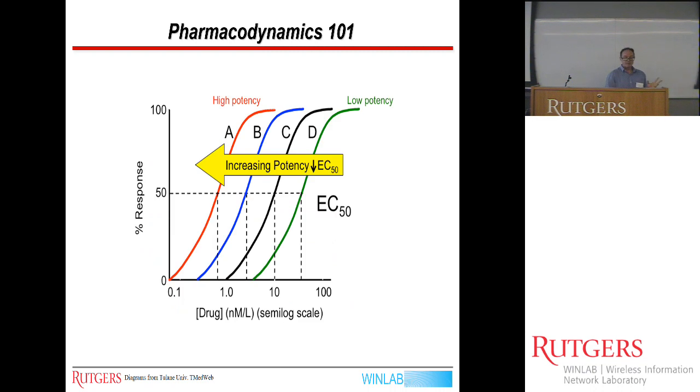And then we have this notion that different modulation schemes are better at reducing bit error rate than others. Similarly, we might prefer a curve over to the left, which says I get more effective response quicker than if I went further to the right. So I increase the potency of my drug by moving to the left.